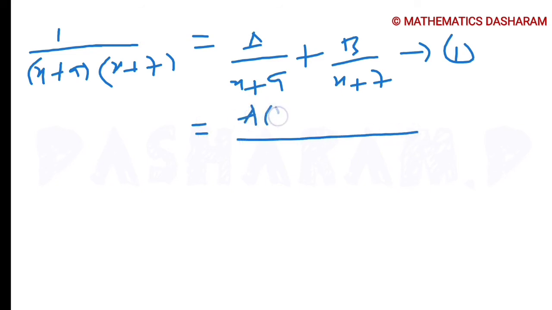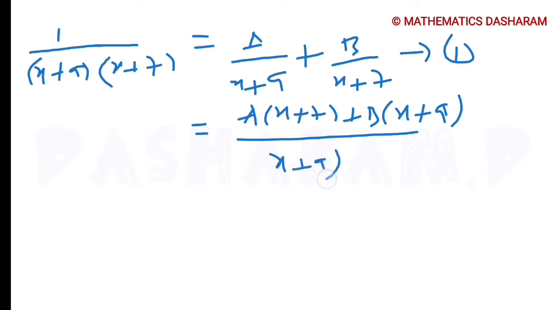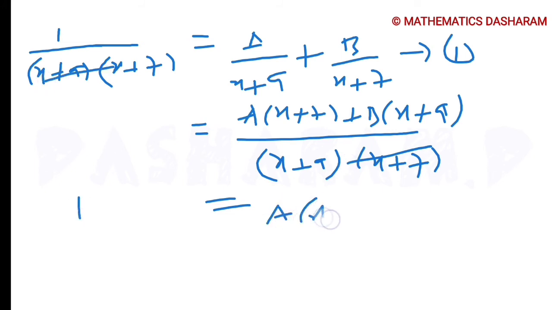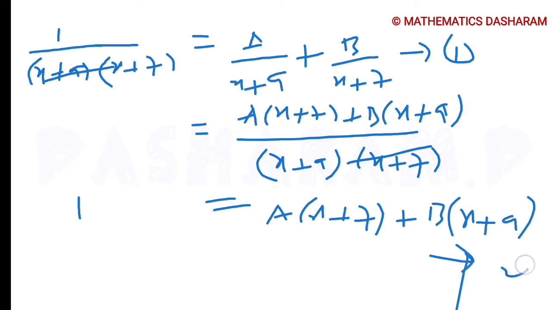So a into x plus 7 plus b into x plus 9, over x plus 9 into x plus 7. So now the denominators are cancelled, then equate the numerators. So a into x plus 7 plus b into x plus 9, take it as equation 2.